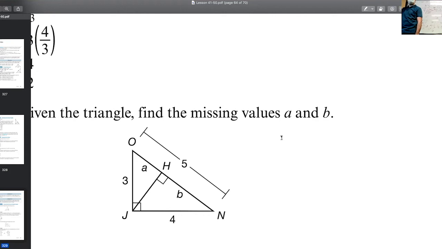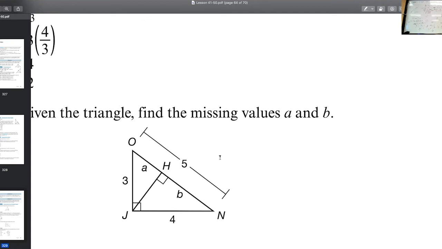So corollary 5.1.2 says that 3 is the geometric mean of 5 plus A, but you don't know what A is.